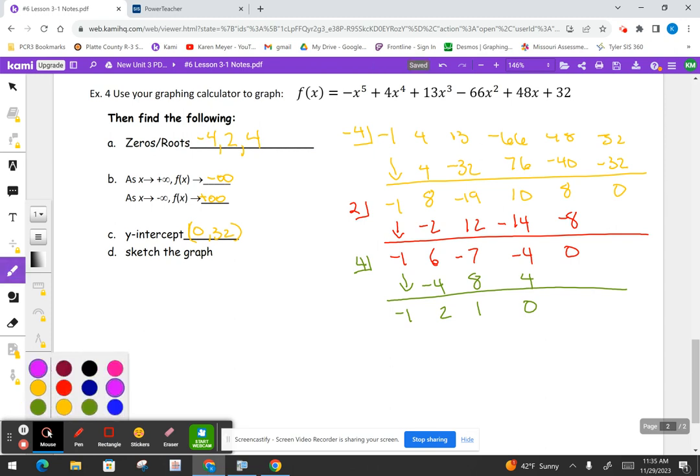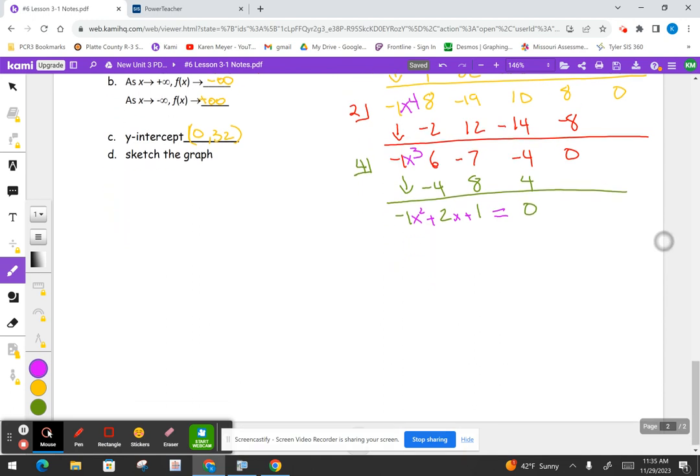And now, remember we started with x to the 5th. That's x to the 4th. That's x to the 3rd. And then we're down to x squared, x, plain number, and constant. Okay. And then from here, I would use the quadratic formula.